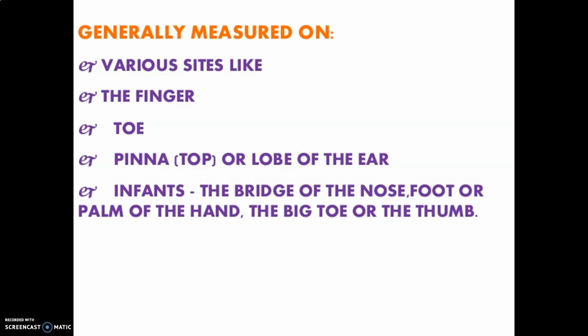You can also attach this peripheral probe to the pinna or lobe of the ear, in case you are not getting a reading elsewhere. In the case of an infant or baby, you can keep it on the bridge of the nose. But very commonly we keep it on the great toe of the foot, or the palm of the hand, and the big toe or the thumb. Yes, generally we keep it there.